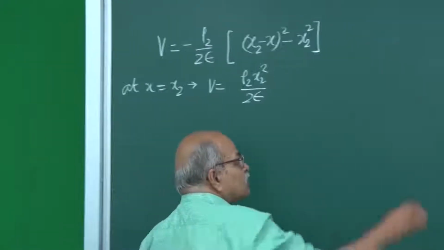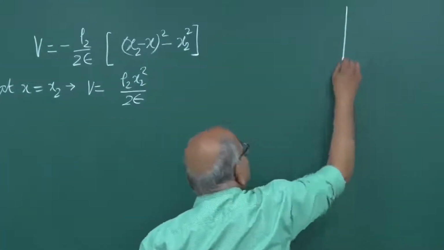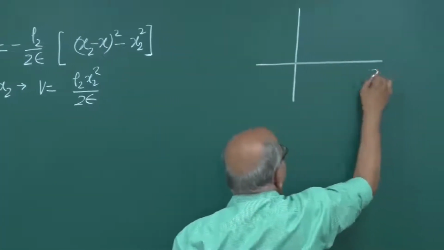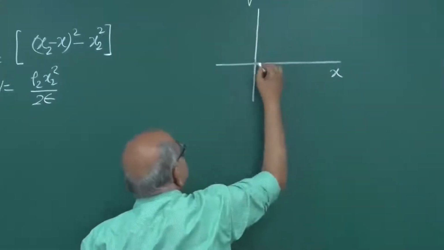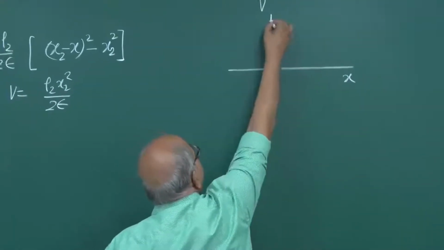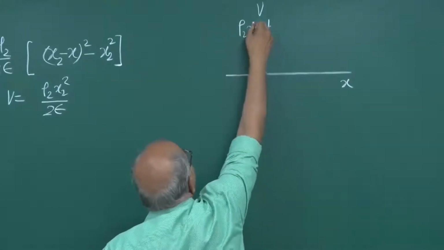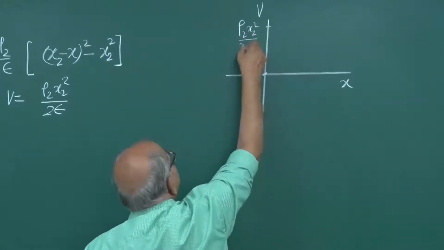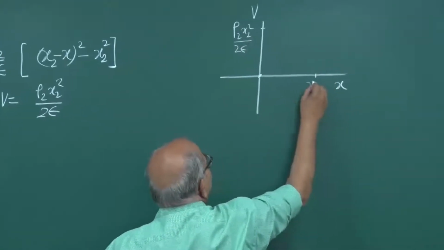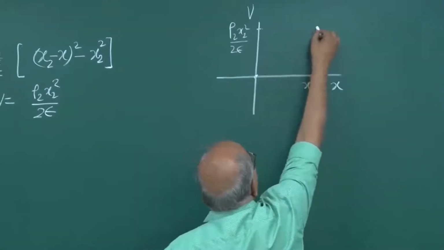So if you draw x in this direction and V in this direction, it's 0 here, and then this is rho 2 x2 square over 2 epsilon, and at x equal to x2 it must be this much, so it's here.